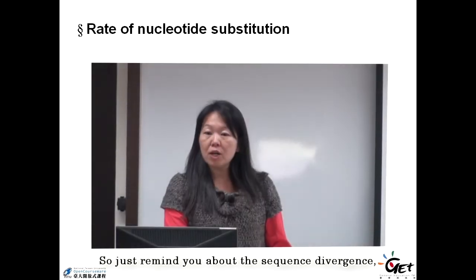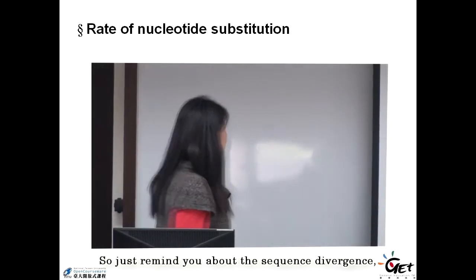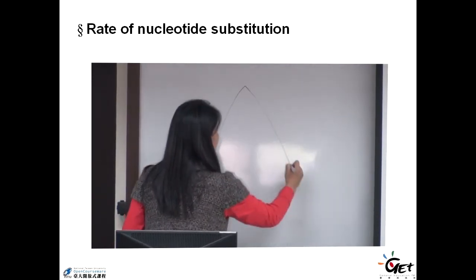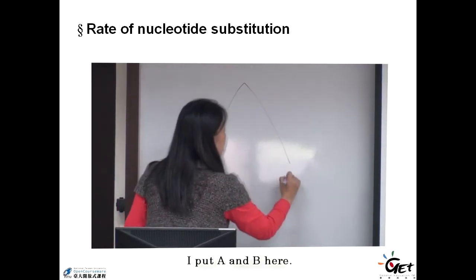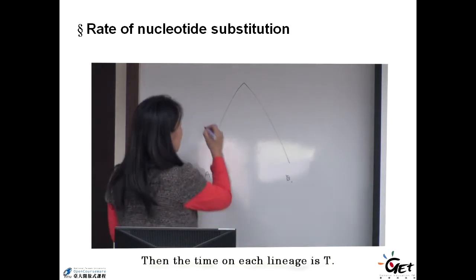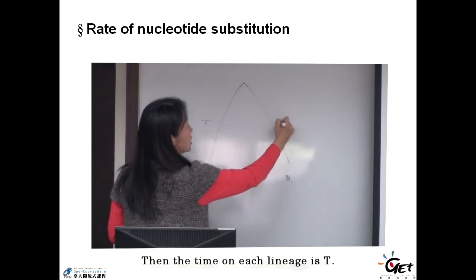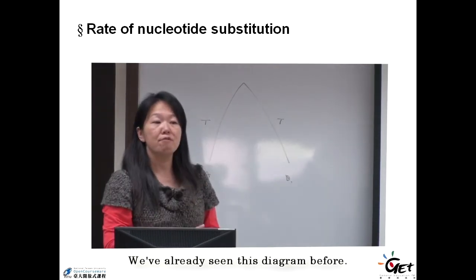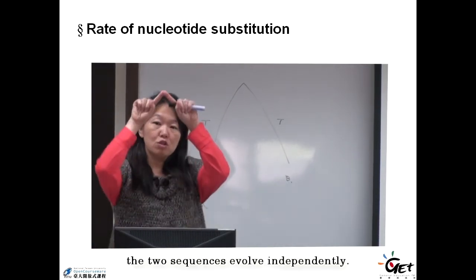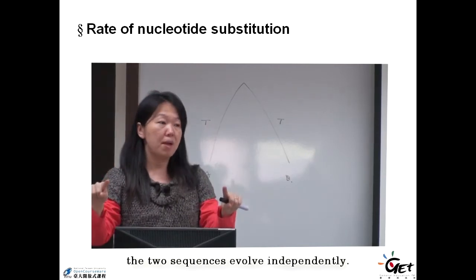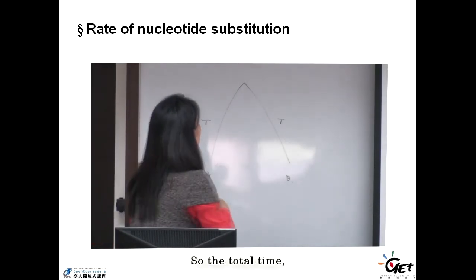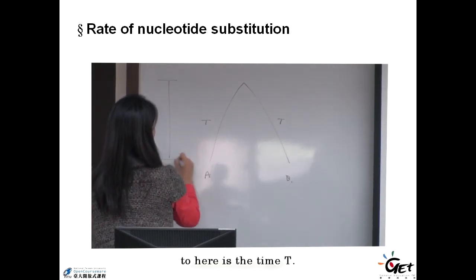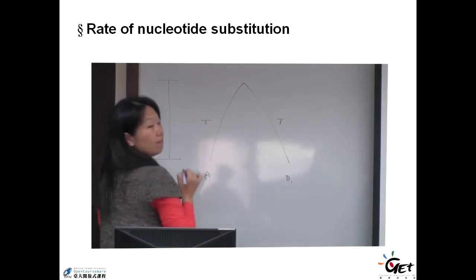So just to remind you about sequence divergence. If we compare two sequences, I'll put A and B here, then the time on each lineage is t. So there's a 2t. We have already seen this diagram before. The two sequences evolve independently, so the total divergence time from here to here is 2t.